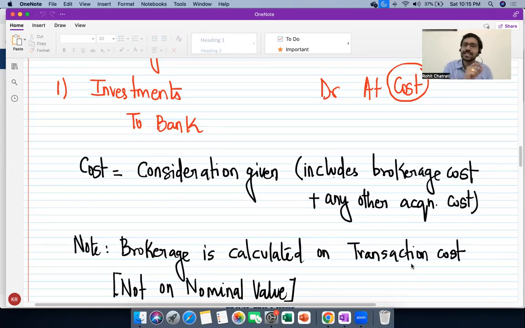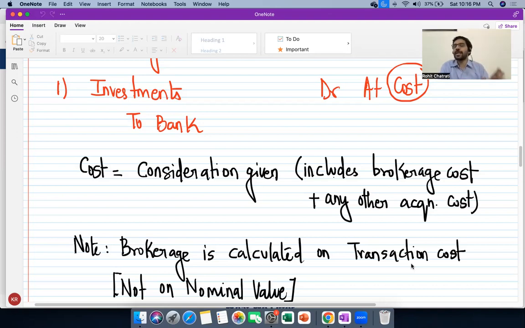Earlier, for interest, I had mentioned that interest is supposed to be applied on the face value or the nominal value, whereas over here, brokerage is supposed to be applied on the transaction cost. What is the amount that I've paid for the share? Let us say if the nominal value of the share is 1,000, and I have paid, say, 10,000, brokerage will be calculated on 10,000, whereas dividend will be calculated on 1,000 only.